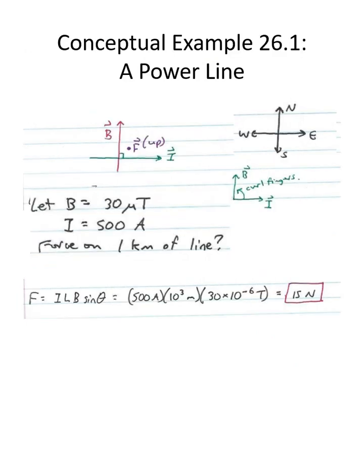An example, a conceptual example in the book: magnetic force, a power line. It says a power line runs along Earth's equator, where the magnetic field points horizontally from south to north. The line carries current flowing from west to east. What's the direction of the magnetic force on the power line?